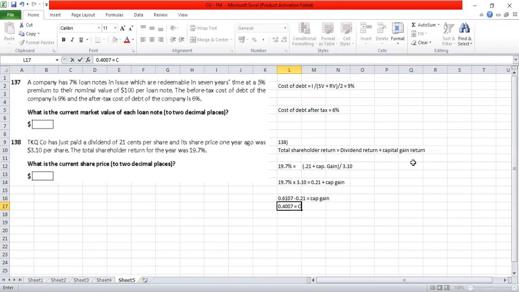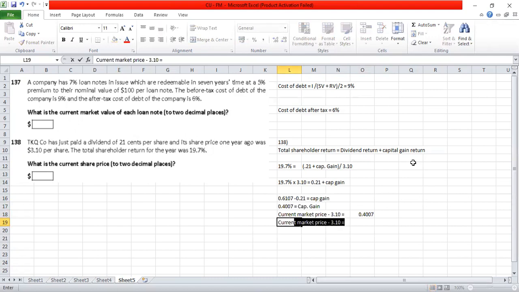But capital gain is basically the difference between the current market price minus 3.1, the price 1 year before, and this is equal to 0.4007. So 3.1 should go to the other side.